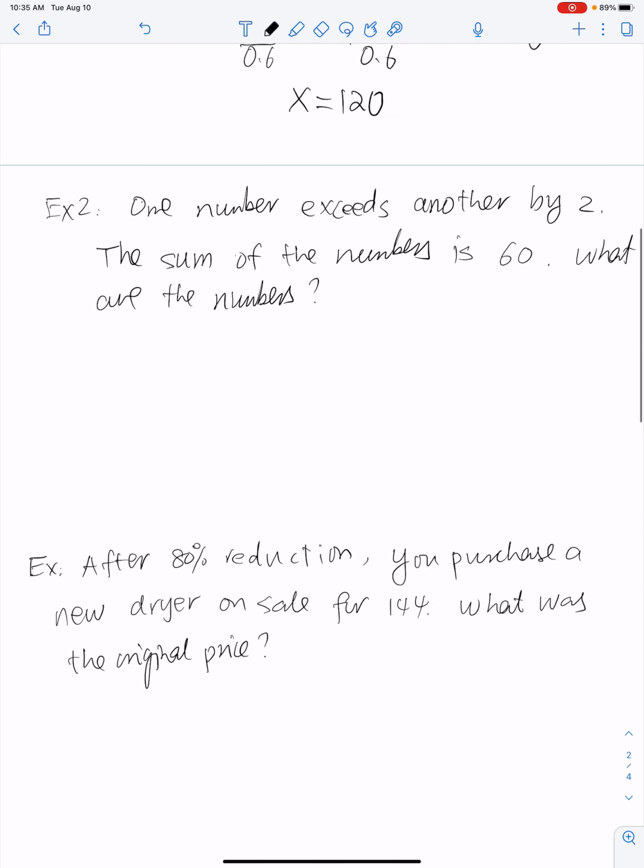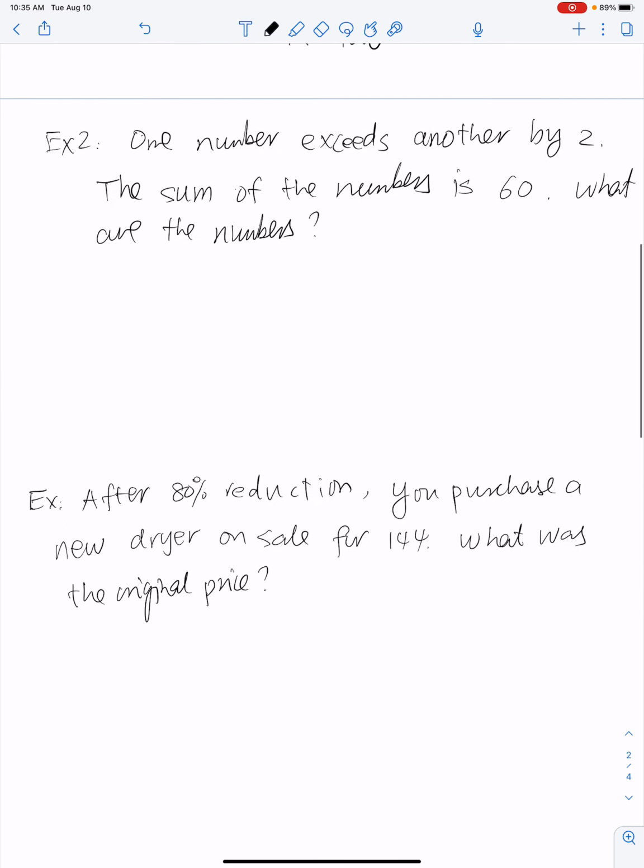The next one: one number exceeds another by 2. The sum of the numbers is 60. What are the numbers? What is your first step? Let x be the number.